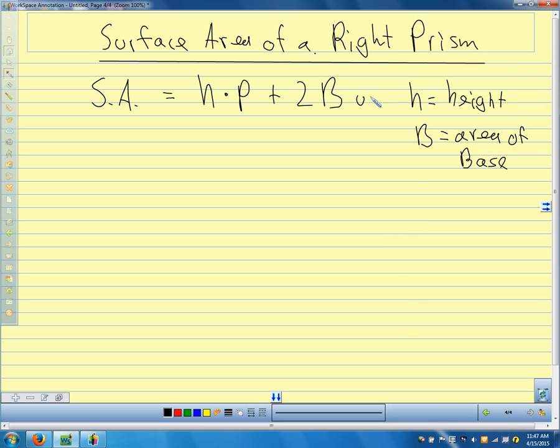And our units are going to be units squared. Square inches, square meters, something. And B, capital B, depends on the shape of the base.